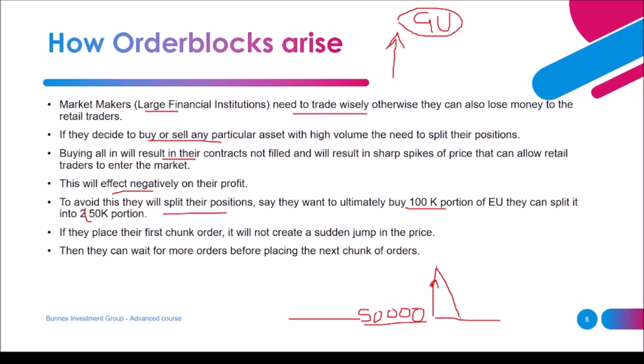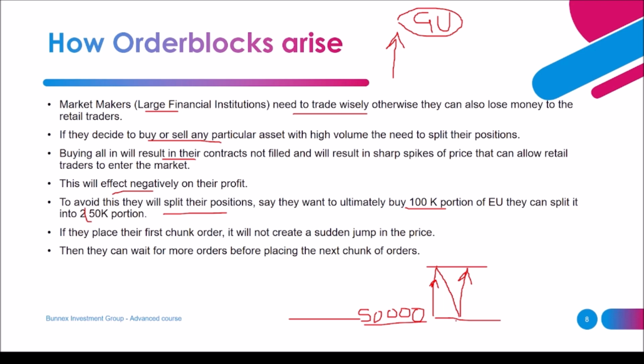Then at this point, I'm going to introduce another 50,000, so that I'll have ultimately 100,000. Since these two positions are now bigger than what Dutch Bank has introduced in the system, Dutch Bank is going to see the market come back to their initial point of entry. As they come to their point of initial entry, probably they will close.